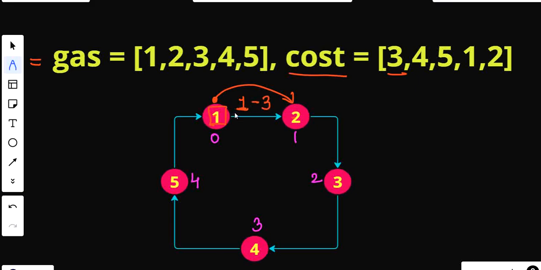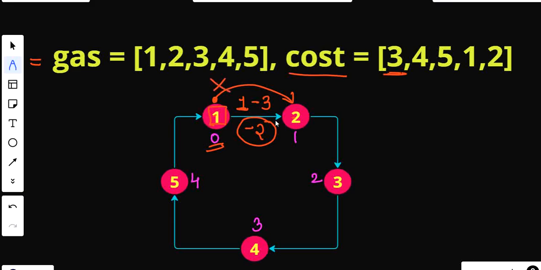This will give me minus 2, which is a negative value. If the value is negative, will I be able to perform this traversal? No, right? Because I don't have enough fuel to travel from I to I plus 1. So this clears that I won't be able to start my circuit traversal from this index, correct?